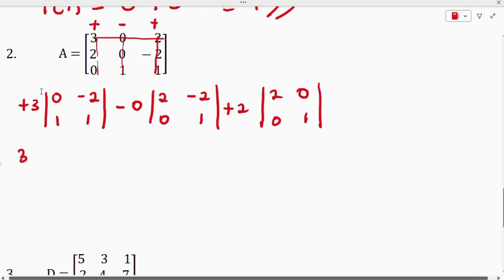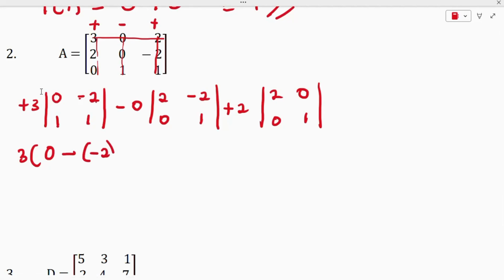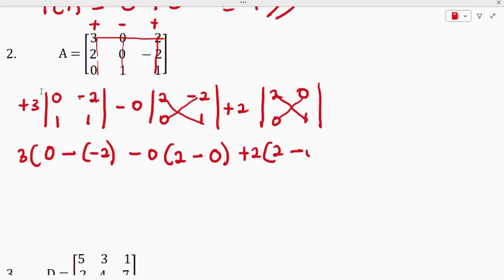So we have 3 multiply 0 times 1 is 0, minus negative 2 multiply 1, we have it to be negative 2, minus 0 into 2 times 1 is 2, minus 0 multiply negative 2 is 0, plus 2 into 2 times 1 is 2, minus 0 times 0 is 0.